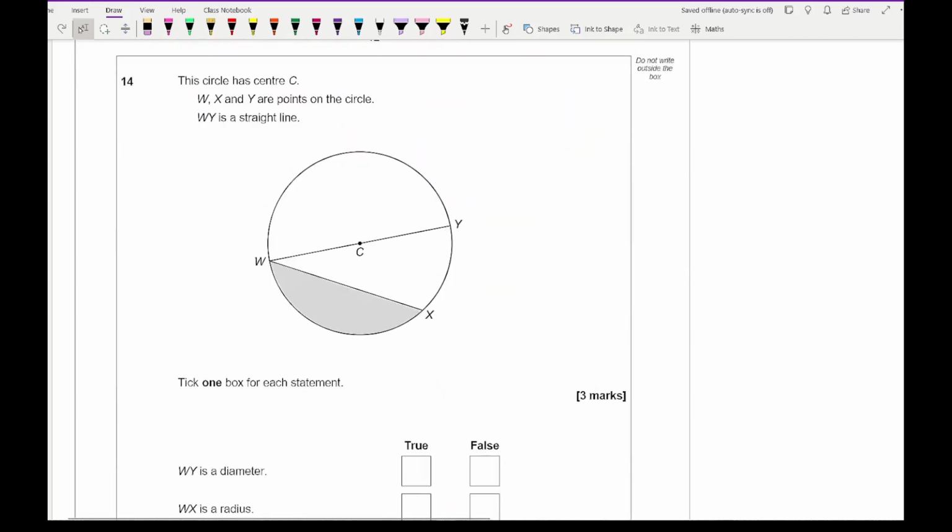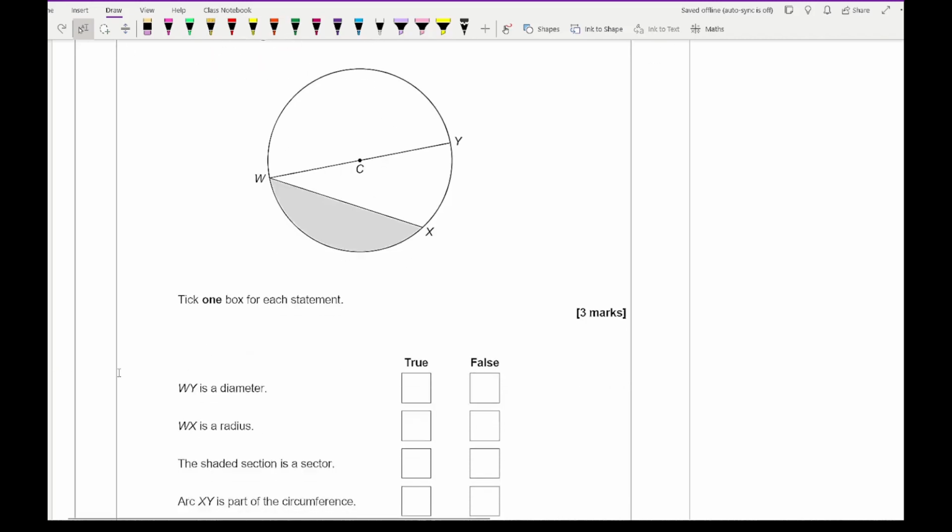Looking at question 14, it says this circle has centre C, W, X, Y are points on the circle, and WY is a straight line. It says tick one box for the correct statement. Now in terms of this, let's have a look at what we've got. So WY is a diameter.